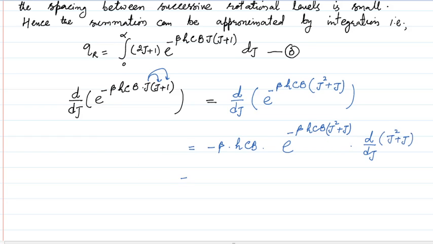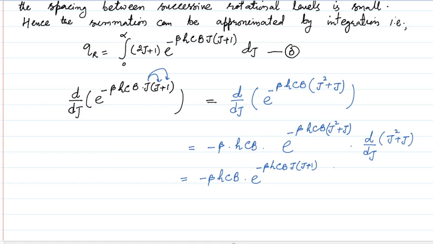So this is very easy now to solve. It can be written as minus beta h c B, and we can write this as such, e raised to the power minus beta h c B j into j plus 1, or j squared plus j. So this is one and the same. Now we have to differentiate first this function j squared.